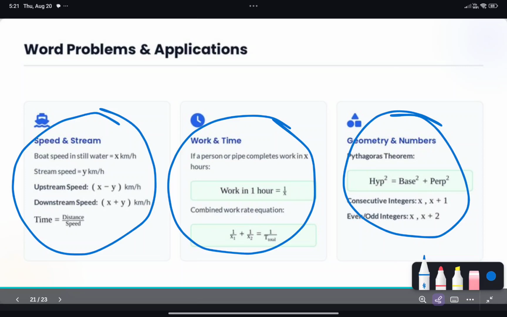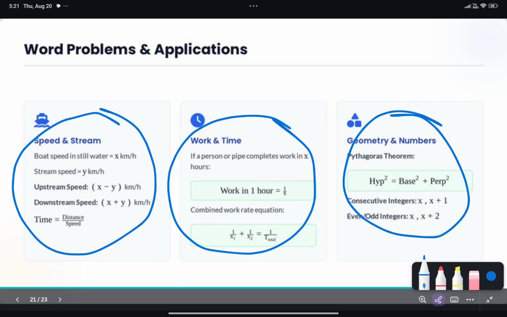Stream speed: sometimes the stream has flowing water. Stream has some speed, y kilometer per hour. Upstream speed is x minus y kilometer per hour and downstream speed is x plus y kilometer per hour.